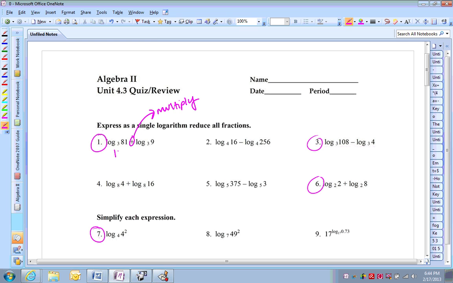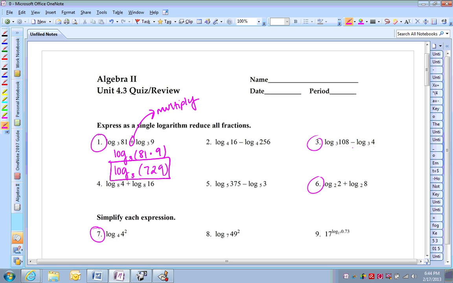So this turns into log base 3 of 81 times 9, or in other words, log base 3 of 729. Now, some of you went ahead and made this into 6, which is fine, but on your test, I'm looking for a single logarithm, so I want it to stay like this. You don't need to plug it into your calculator or anything. Just leave it as log base 3 of 729.